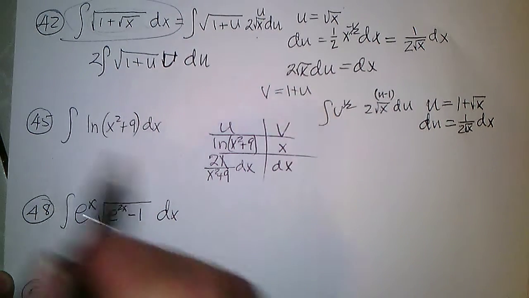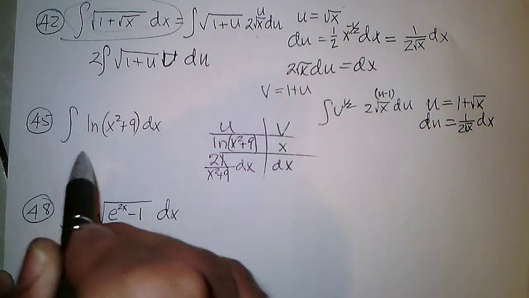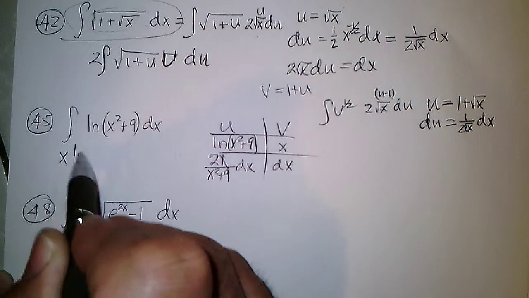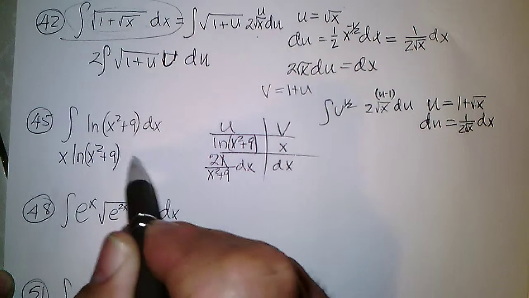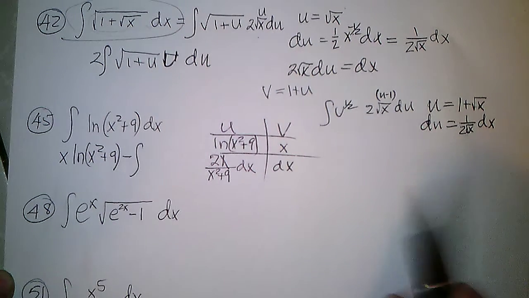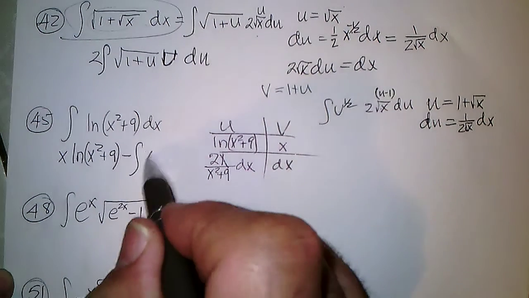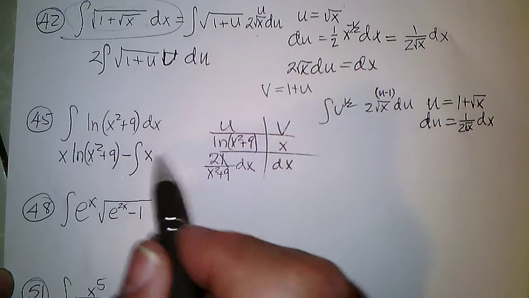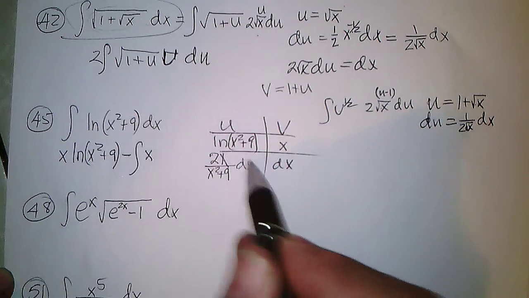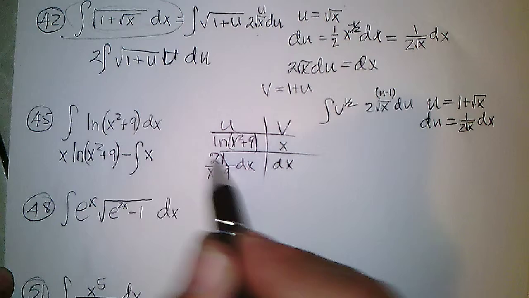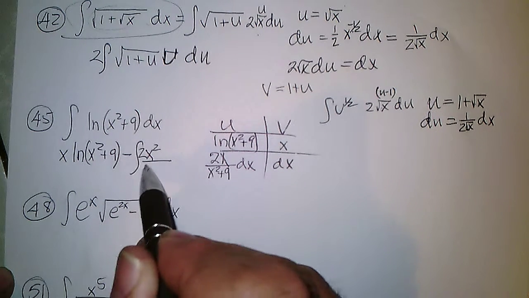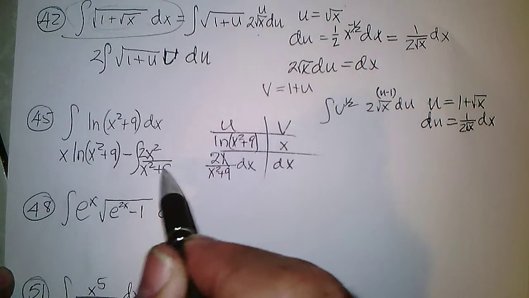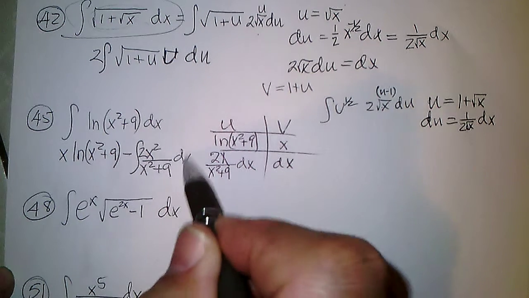So this problem would turn into uv, x ln of x squared plus 9, minus the integral of v du, which would be times 2 and another x over x squared plus 9 dx.